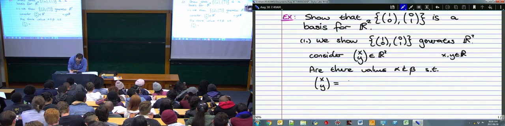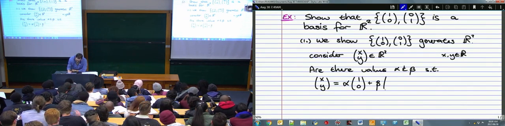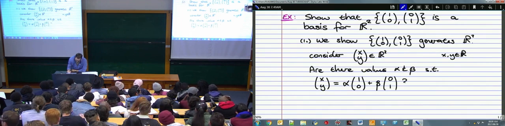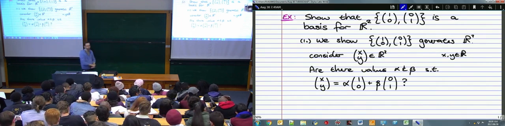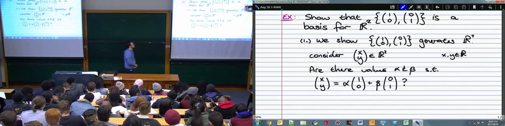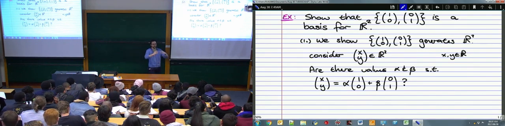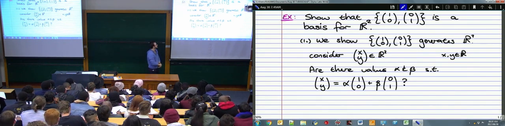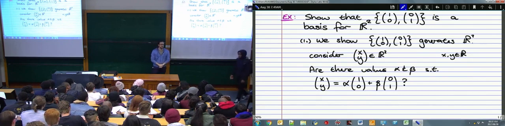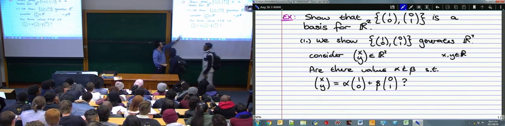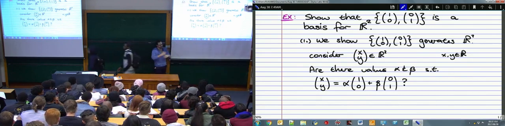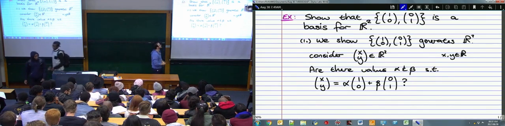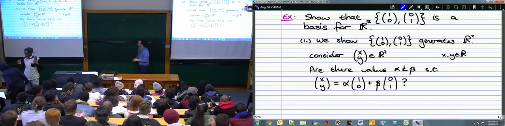I'm being very verbose here and writing down a lot of stuff. Maybe it seems obvious what the answer is, and it should, because it's a simple problem, but we'll get to more complicated problems where being verbose is a good thing.